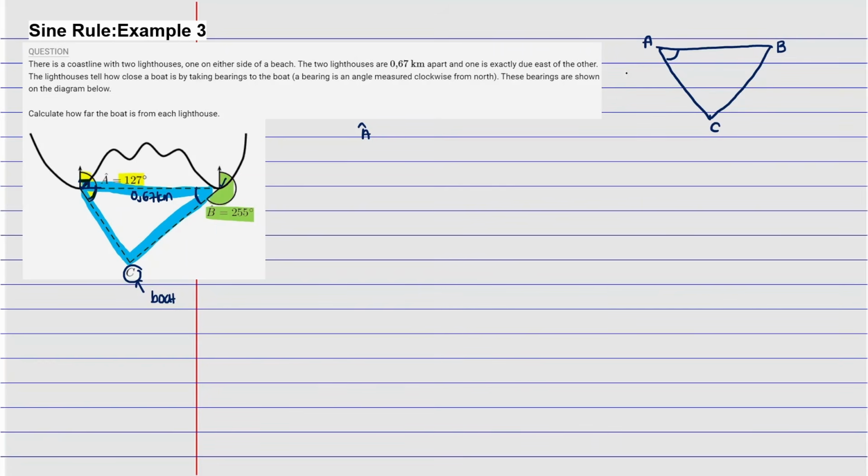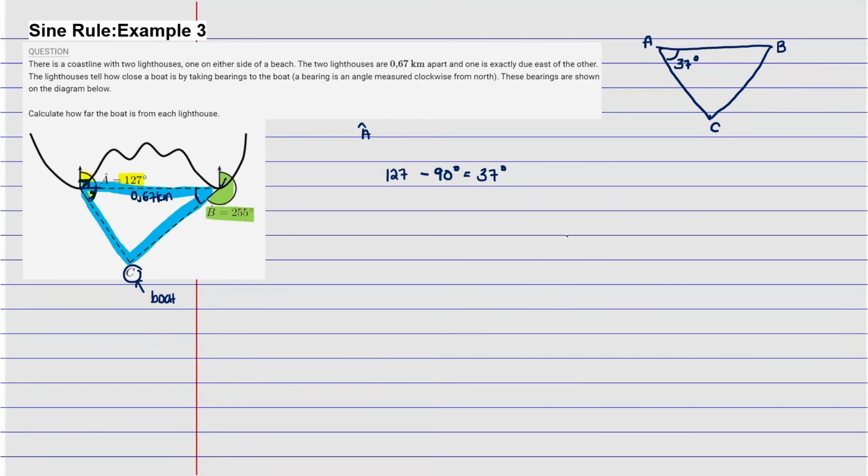So to find this angle inside is the same as saying 127 minus 90 degrees. We are taking out this 90 to find this small portion. And that is going to give us 37, so this is going to be 37 degrees.